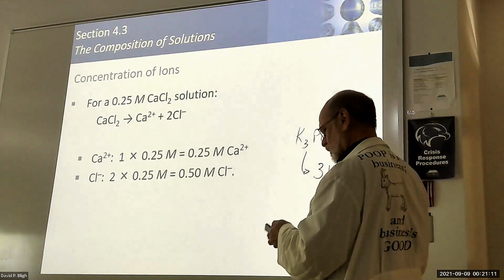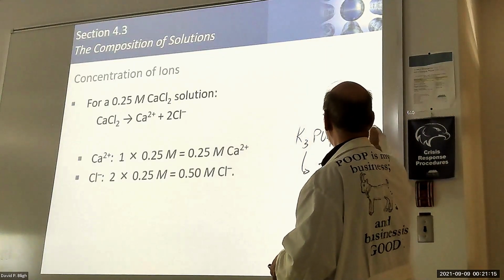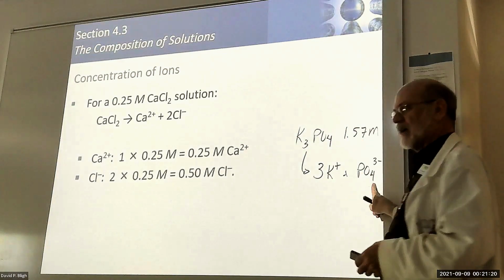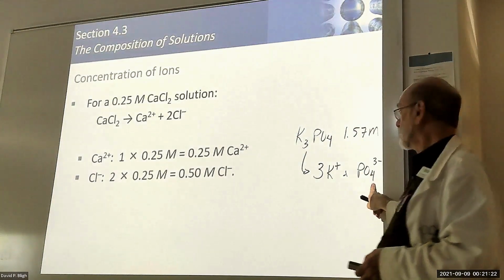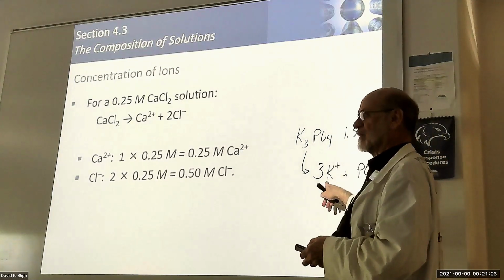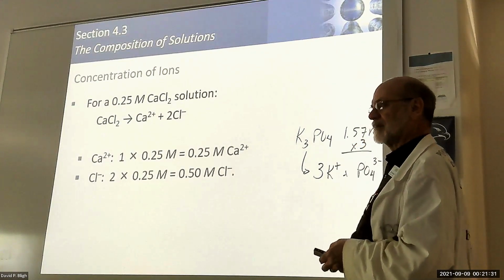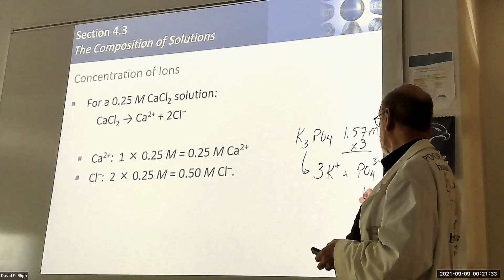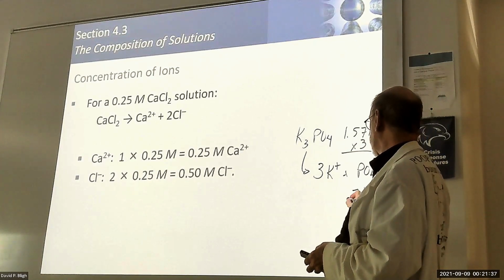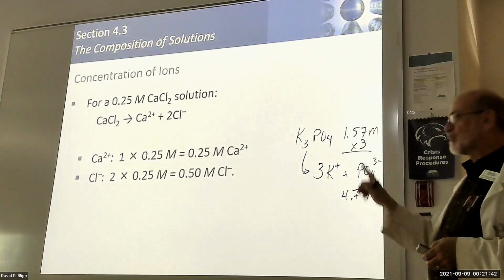So if the concentration was, what was it? 1.57 molar of this unit, what's the concentration of phosphate? It's the same, right? 1 to 1. What's the concentration of potassium? It's 3 times that. So it's 4.71 molar in potassium ions.